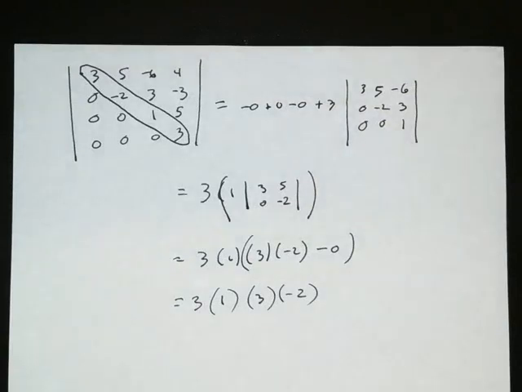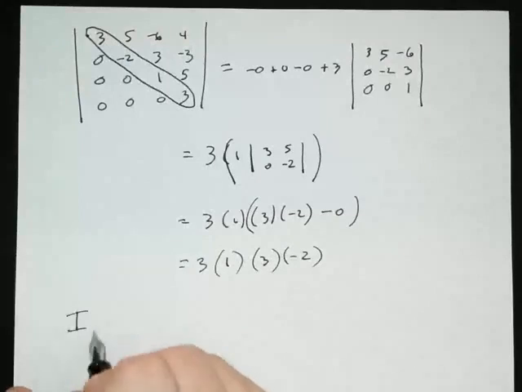Those are the numbers down the diagonal. That is not a coincidence. Every one of our expansions left you zeros in the bottom left, and only the multiplication in the AD direction counted for anything.